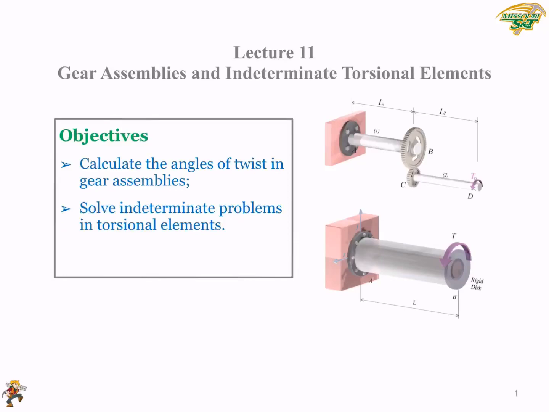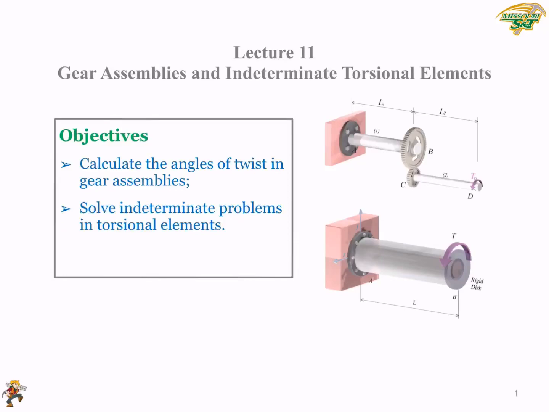Then we will solve indeterminate problems in torsional elements. Please recall that in the last chapter we already learned how to solve indeterminate problems in axially loaded elements. Now in this class you will see that this will be something the same or a little bit different.